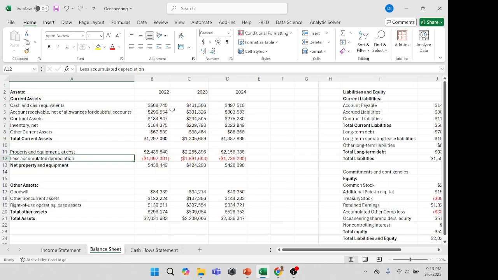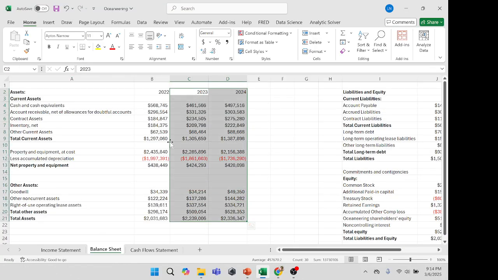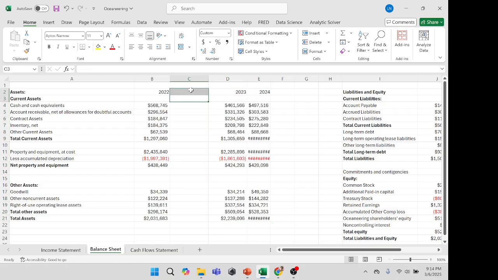And so let's practice on the balance sheet. Let's do a practice real quick. Percentage change from 22 to 23.